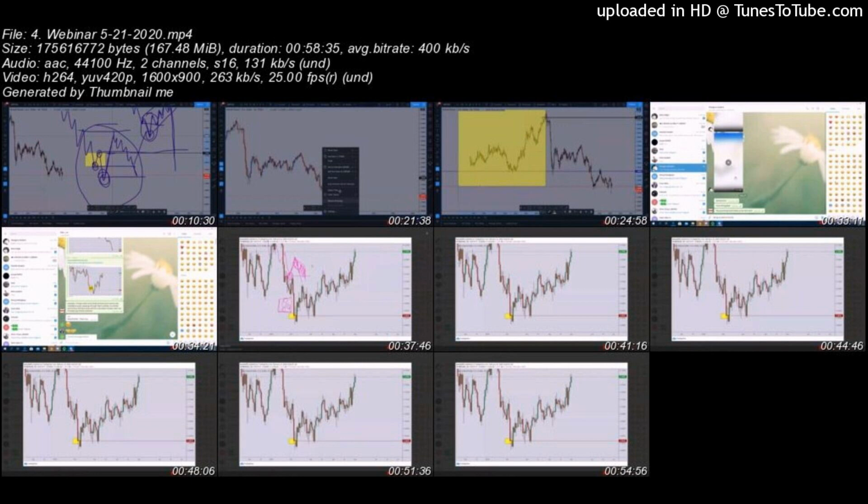If we look back, here you can see that we had an uptrend where we were making a series of higher highs and higher lows. Then price impulsively broke below.